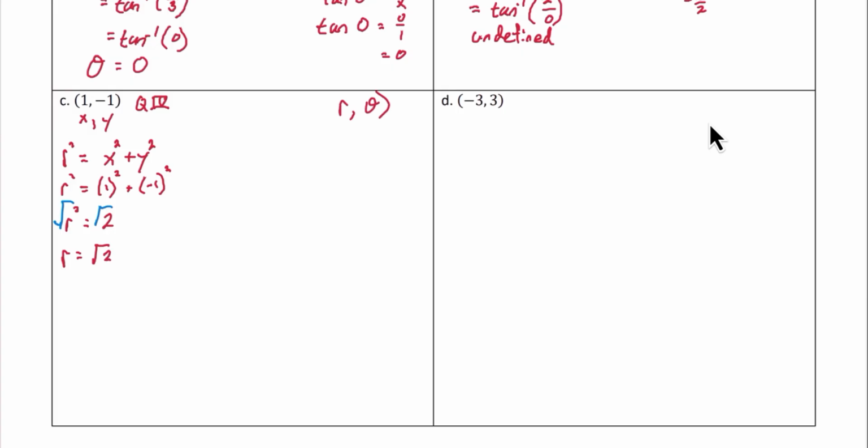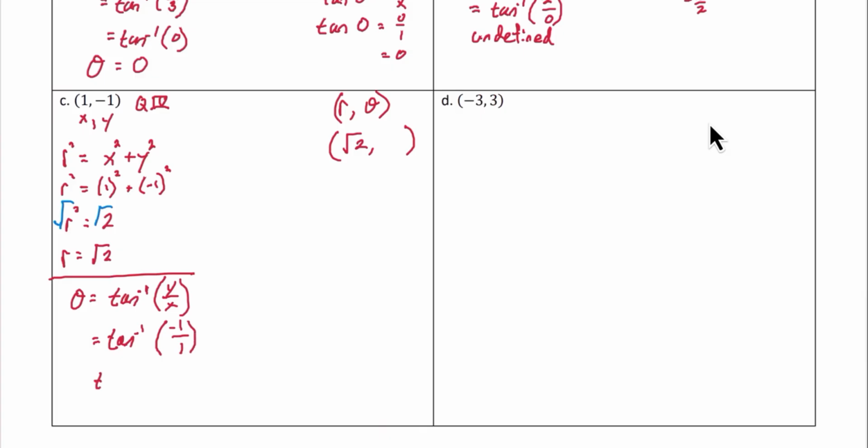So r, theta is what we're trying to find. We just found r to be the square root of 2. Now, let's find theta. To do that, we again look at inverse tangent of y divided by x. That is inverse tangent of, in this case, negative 1 divided by 1.